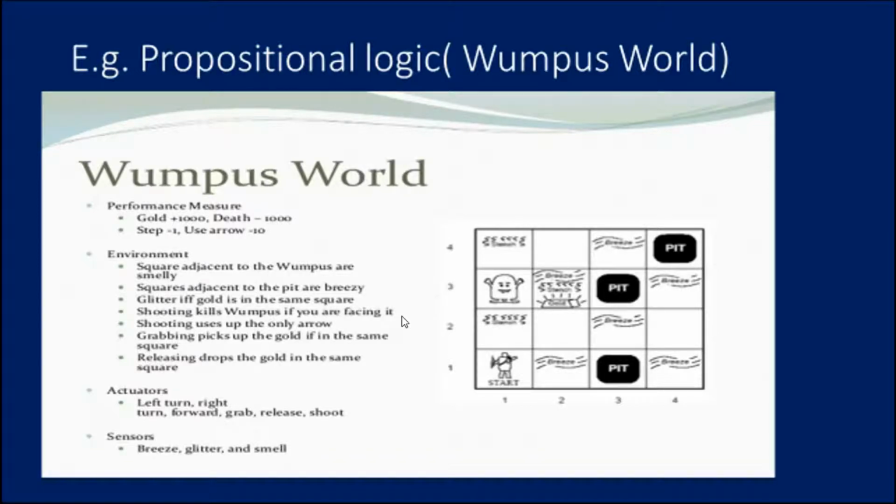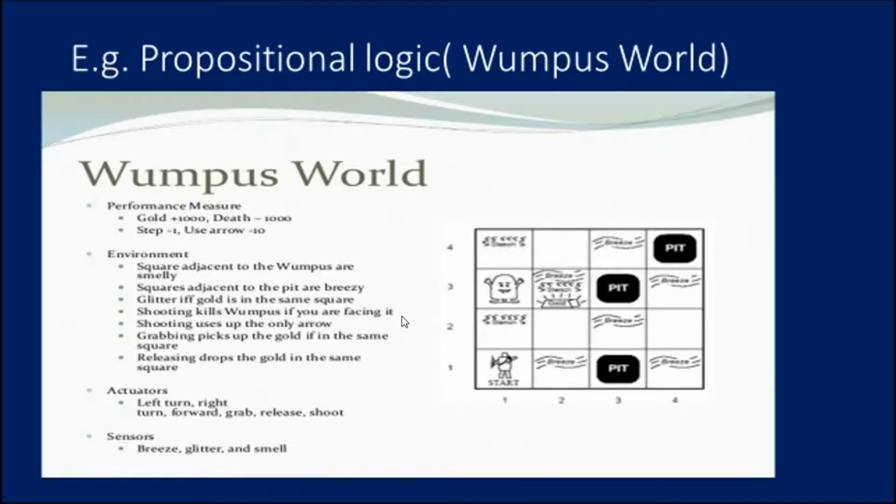As I said earlier, adjacent to the Wumpus there will be a smell, so he should not move forward. Adjacent to a pit, a breeze will be felt, so if the breeze is there, he should not move forward or backward. There is a glitter if and only if there is gold.